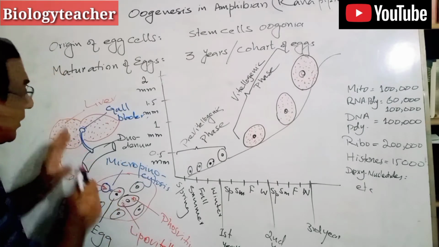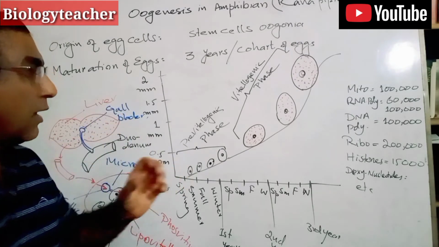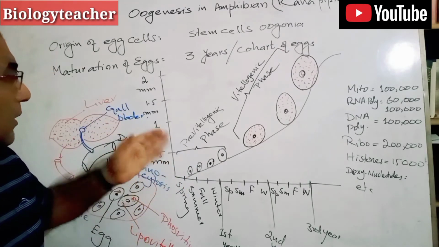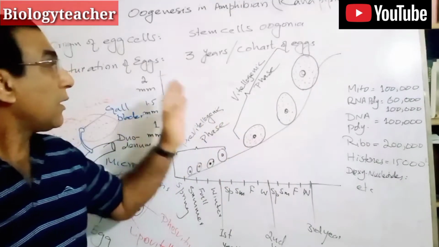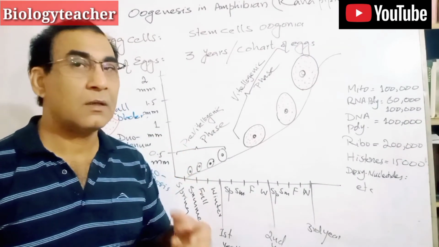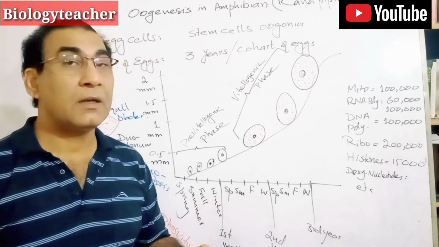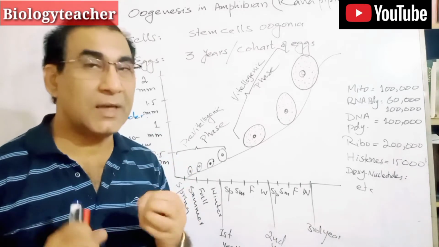So this is the story of the yolk, where the yolk comes from. Now let us know the maturation period. Each egg, in case of amphibian, gets mature in the duration of 3 years, as I have mentioned earlier.